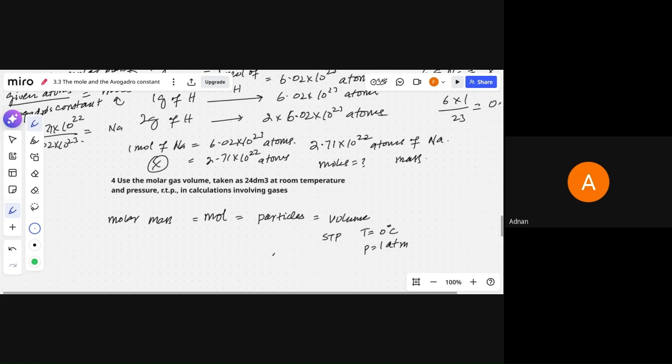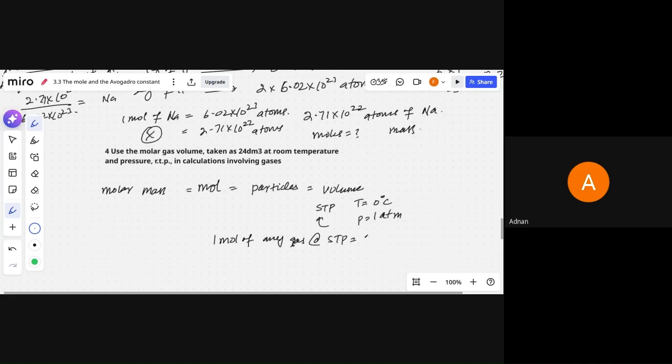So if 1 mole of any gas is kept at standard temperature and pressure, it will occupy a volume of 22.4 dm cube. Remember that 1 dm cube is the same as 1 liter. This is at STP, and we have another standard called RTP, room temperature and pressure, where instead of 0 degrees Celsius, room temperature is considered, and the pressure is the same.